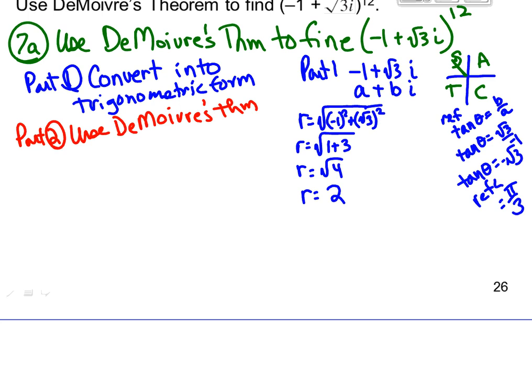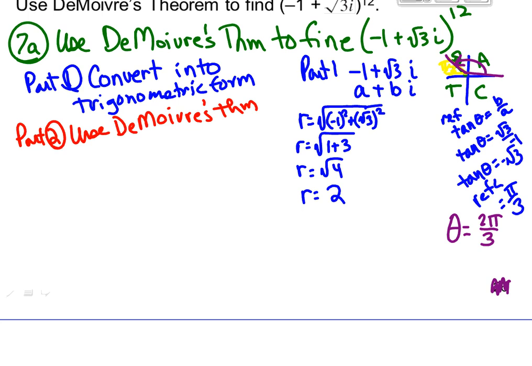And so then if my reference angle, which I'll put in yellow, is right there, pi over 3, then the angle that I actually need is this angle right here. So that's 1 pi over 3, so this angle is 2 pi over 3. So theta is 2 pi over 3.